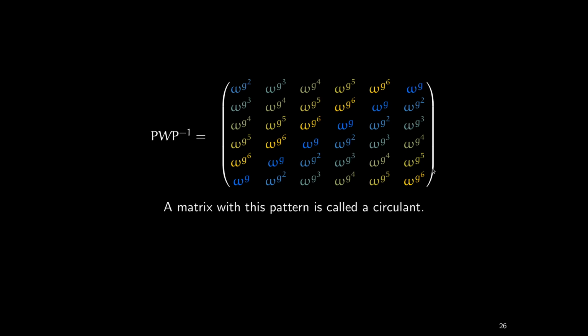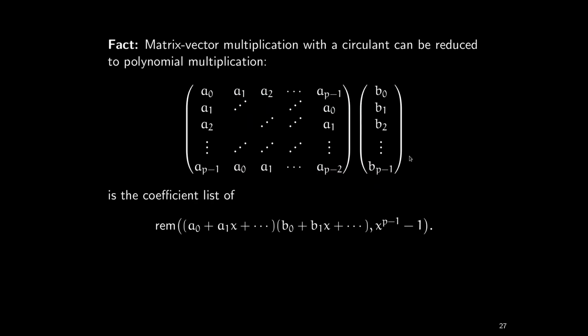They are called circulants. And you can check easily that the multiplication of a circulant by a vector can be expressed by a polynomial multiplication. So more precisely, you may want to check this as an exercise if you like. You cannot see this immediately perhaps, but it's not interesting enough to carry out the details.